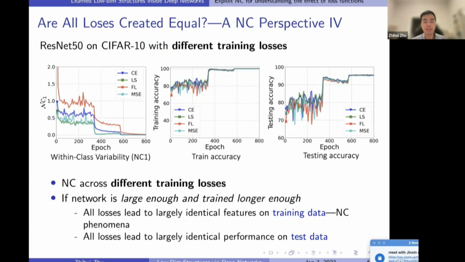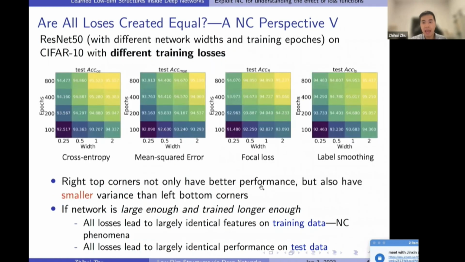We can observe that if we train long enough, they all converge to the neural collapse features. The middle one and the right one plot the learning curves in terms of the training accuracy and the testing accuracy for these 4 losses. We can also observe that they lead to largely identical performance.